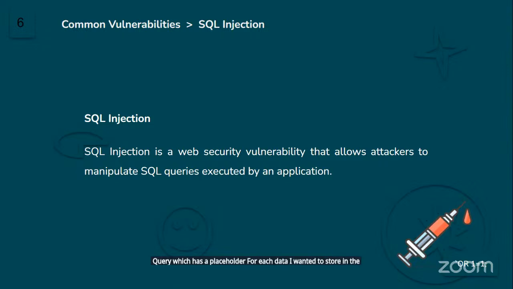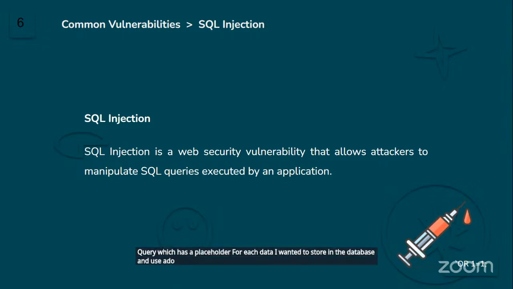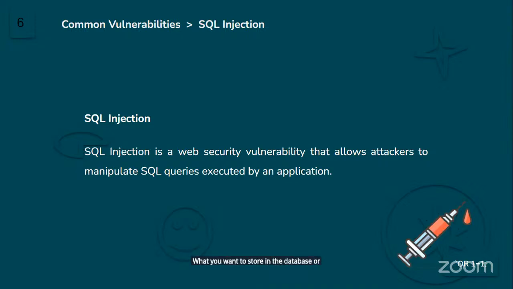An ad hoc query, which we also call a concatenated query or dynamic query, is just a SQL statement plus what you want to enter, what you want to store in the database, or what you want to get from the database.